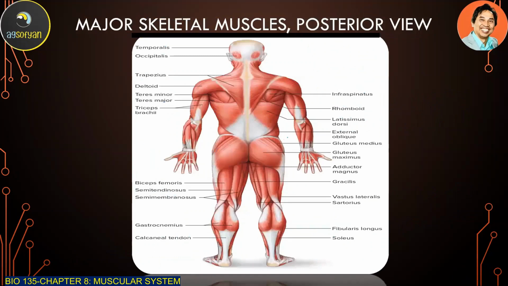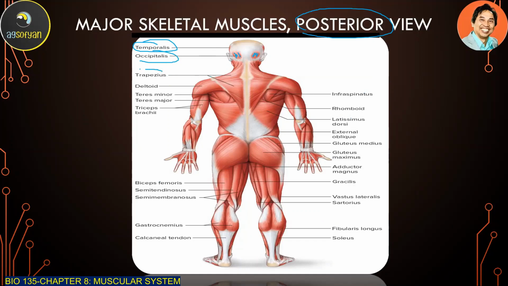On the back part, in the posterior side of our body, we have on the side over here the temporalis muscle. This muscle is important when we are chewing our food. It lifts our mandible up when we contract it. And then occipitalis, this is on the back, on the occipital bone.